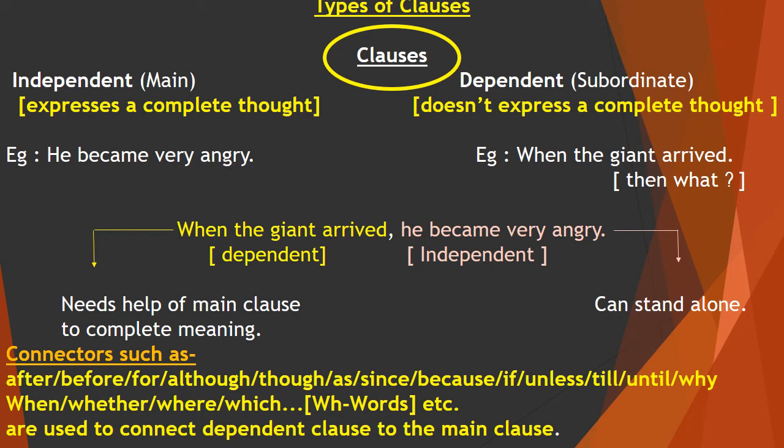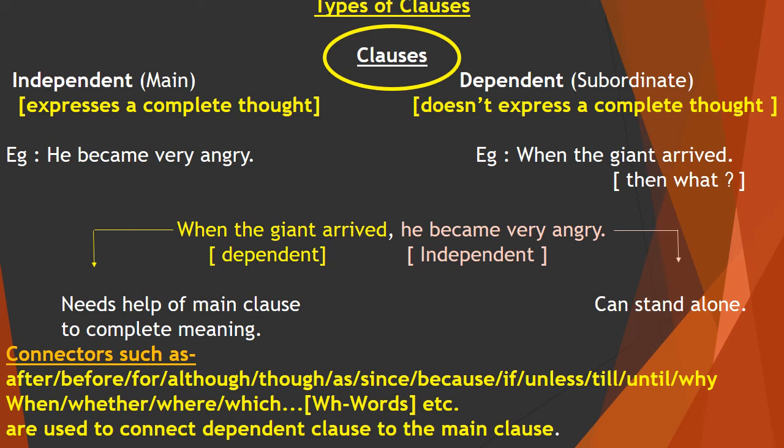A clause that has a subject and predicate but doesn't express a complete thought and leaves a question is a dependent or subordinate clause. Example, when the giant arrived.